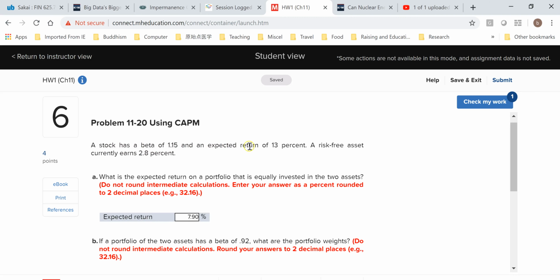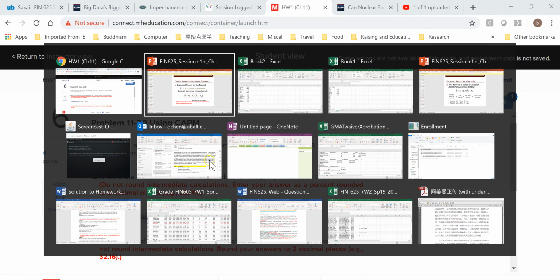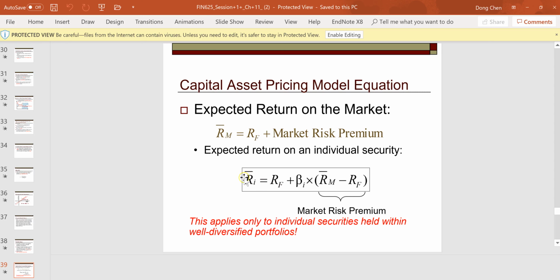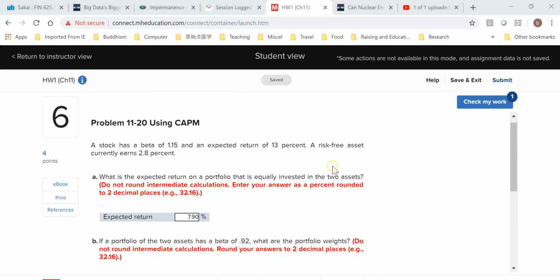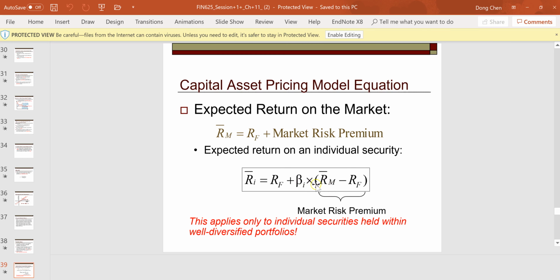We know the beta, and we know the risk-free asset. So we actually know the return of the stock here, and we know the risk-free asset return. We know the beta. So the only unknown here is the market return. That's what we can figure out by solving this equation.